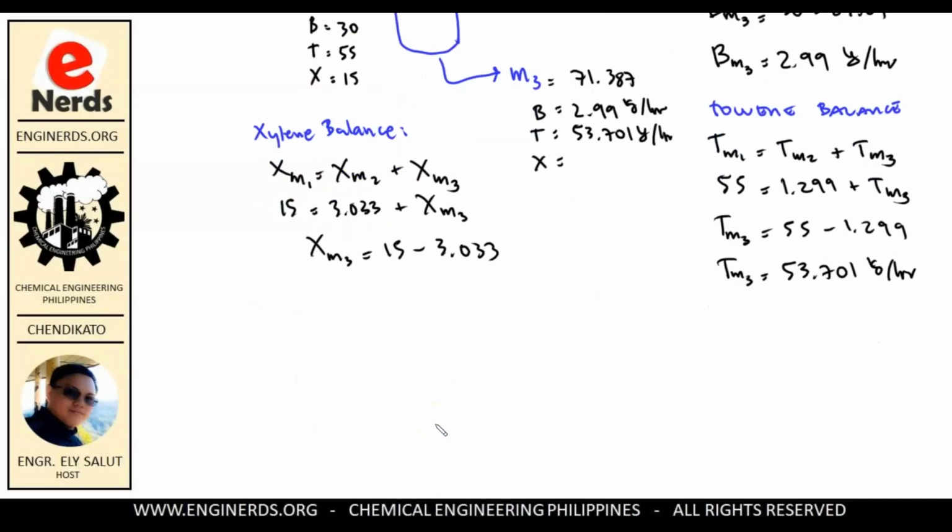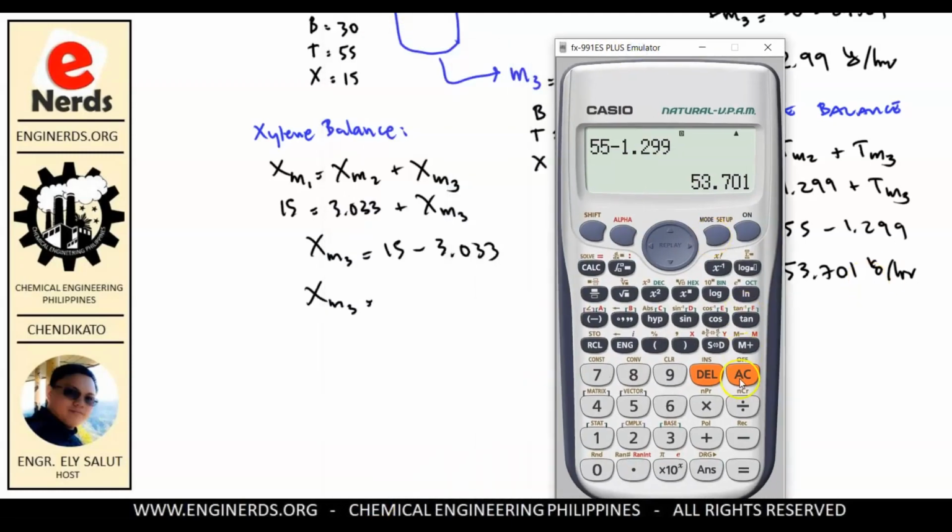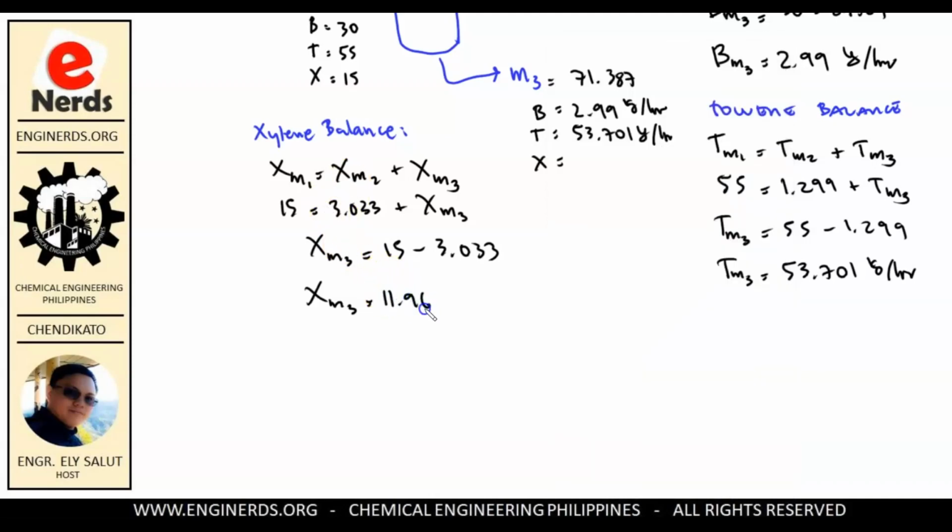So, therefore, our xylene in M3 is equal to 15 minus 3.033. This is equal to 11.967 kilogram per cubic meter.